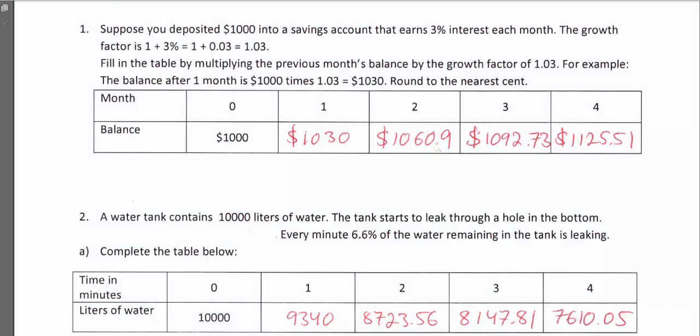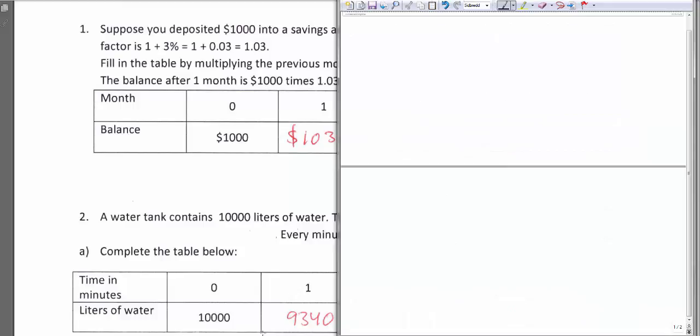And then we take 1.03 times this amount to get this, month 3, etc. And of course, there's a general formula for this. And that would be, in this case, let's say it's a balance, so let's call the function capital B of, and since it's time, I'm going to use the variable t.